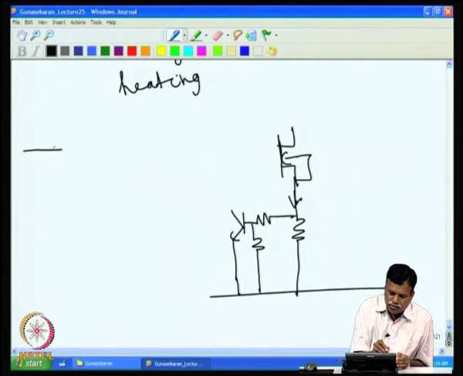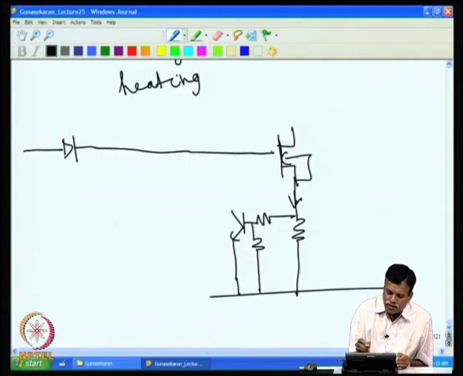What you do is, for example, we have a circuit like this. Assume we have a resistance here.